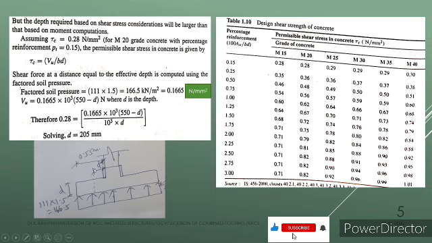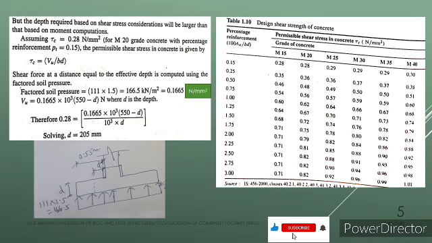So we already know that the cantilever projection has 0.55 meter value, and for a critical section, that is for one way shear, let us consider a distance of D from the face of the column, from the 0.55 meter. So that is why 550 is the value of the cantilever projection in terms of mm, minus D. Let us subtract and find the shear force at this particular point.